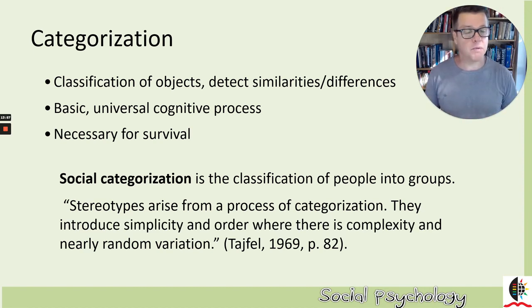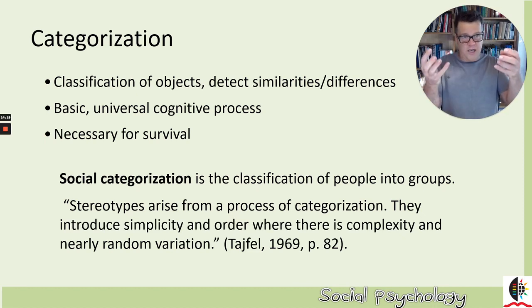We classify people into groups as just a natural way in which we perceive the world around us, through categorizing similarities and differences. And so Henri Tajfel argues that stereotypes arise from the process of categorization. There we are. Where do prejudicial stereotypes come from? Well, they arise from this process of categorization.